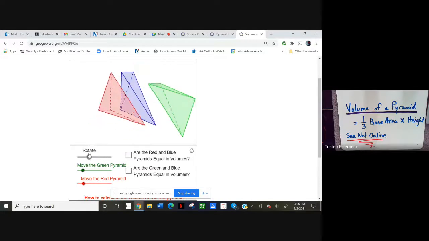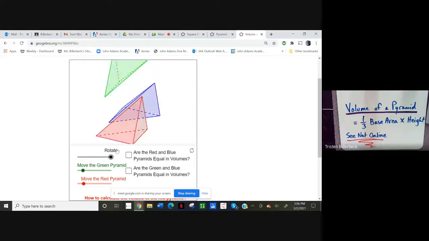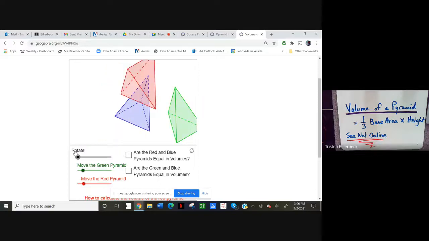So basically, when we make a pyramid, it's 1/3 of a prism based on whatever base it has. This one is a triangular prism because the bases of it are triangles, and we have the height of this prism right here.